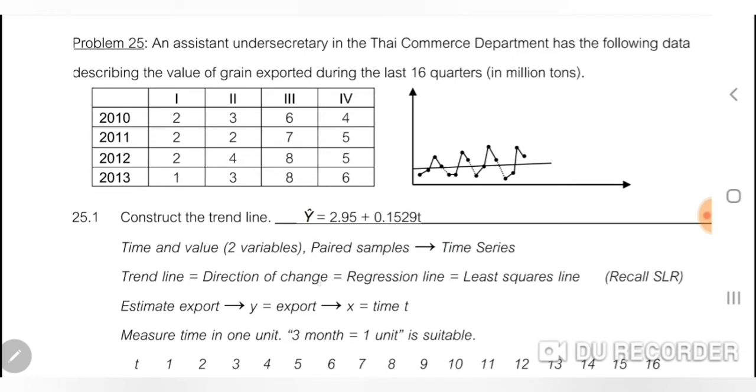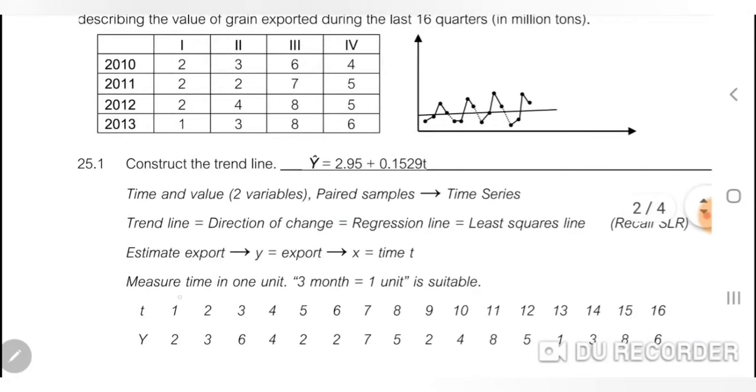So to use simple linear regression with a calculator, you have to set it in simple linear regression mode. After that, enter time-value pairs. We have to choose one suitable unit to measure time.